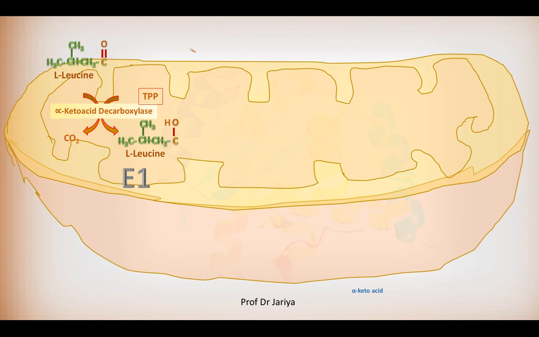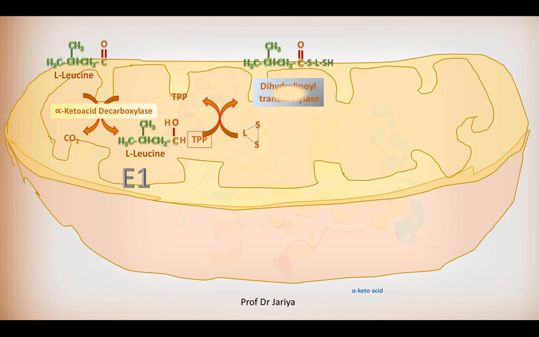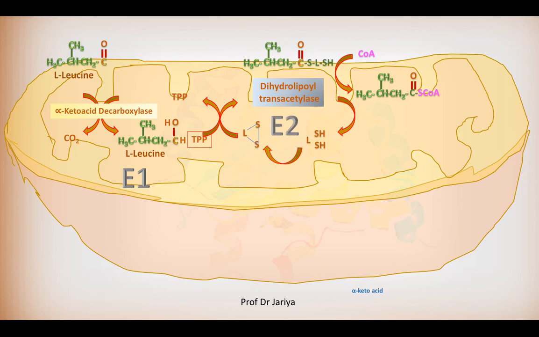Alpha keto acid is decarboxylated to form a hydroxyethyl derivative bound to the reactive carbon of the thiamine pyrophosphate. So that's the alpha keto acid dehydrogenase complex, and its first subunit is the E1, and it contains the TPP. Here the TPP is the coenzyme of the alpha keto acid decarboxylase.